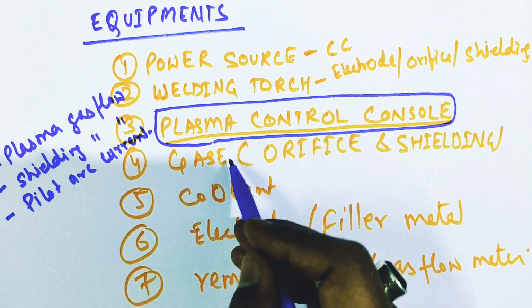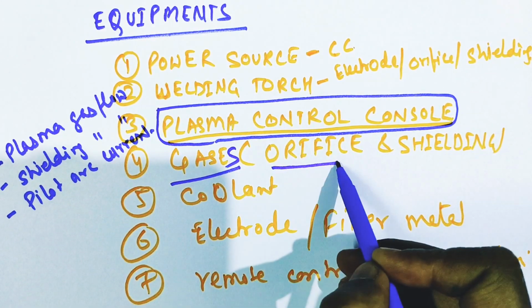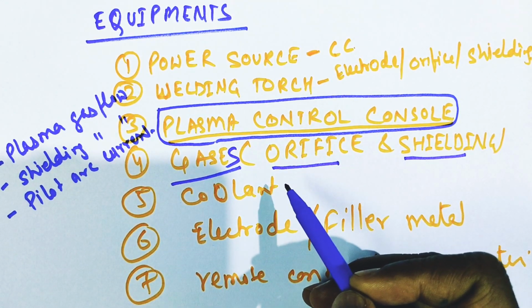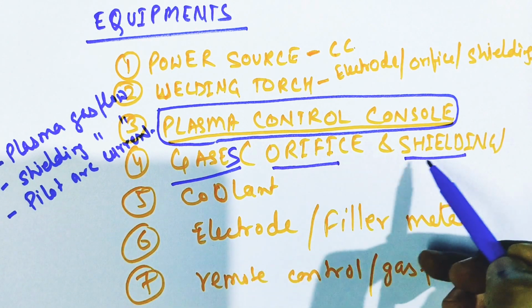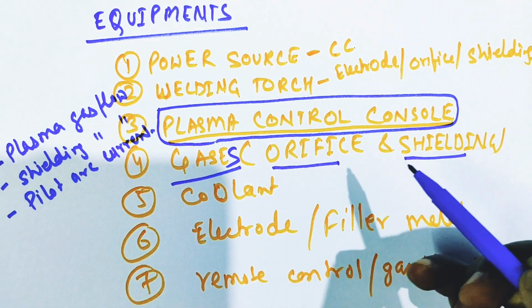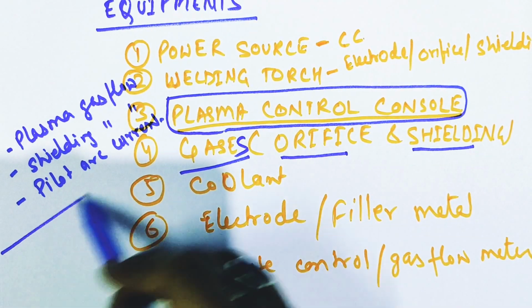Now we'll talk about the gases. As I told you earlier, two gases are used, orifice gas and shielding gas. The orifice gas and the shielding gas can be the same, or it can be different, depending upon three things.